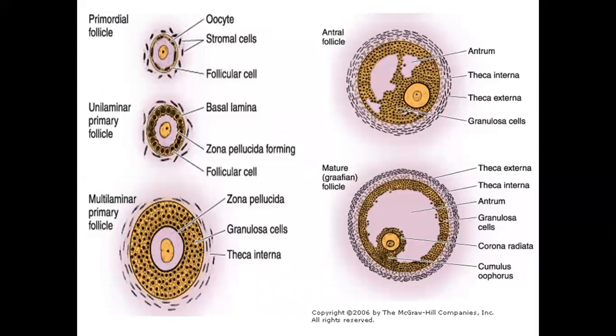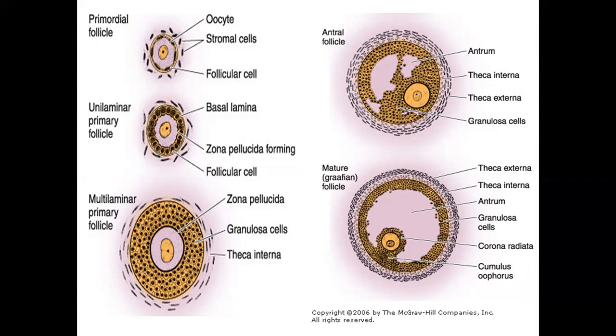Now moving towards the different types of follicles which can be found in the cortex of the ovary. The initial follicle, present in thousands and millions in the ovary, is the primordial follicle.